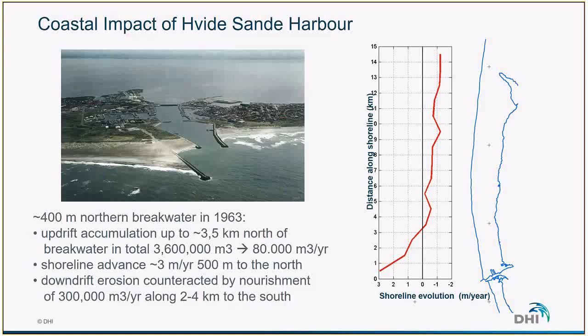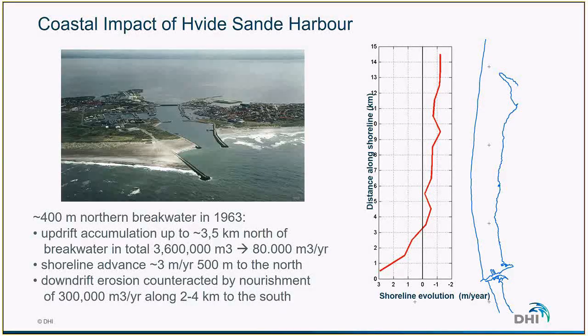And here is a picture of the old layout of the harbor. Basically we have this town located at the inlet. What happened is that the first harbor was constructed some time ago, and this led to erosion and sedimentation problems around the harbor.